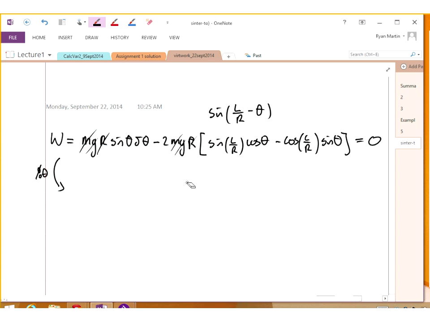If we divide everything by cos theta, sine over cos is tan theta.